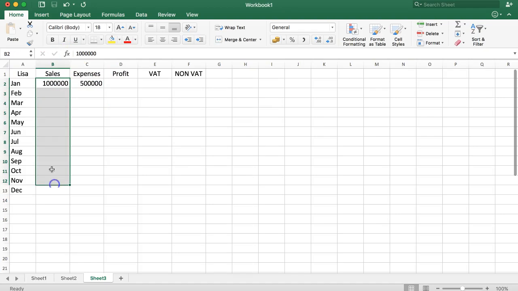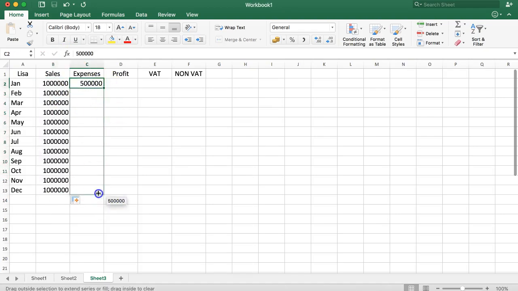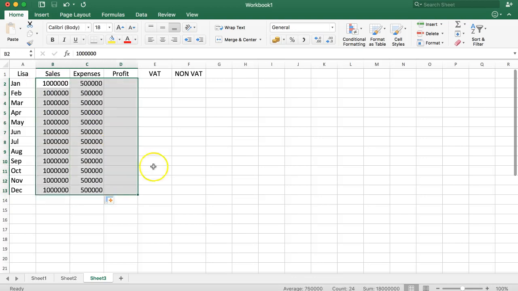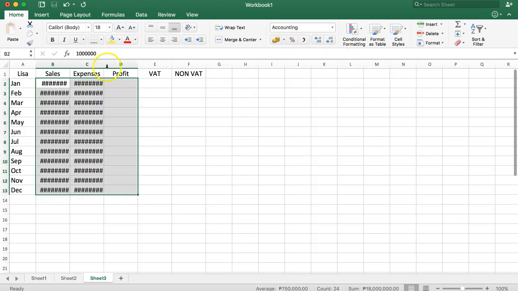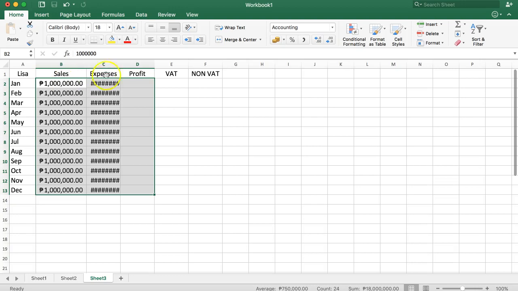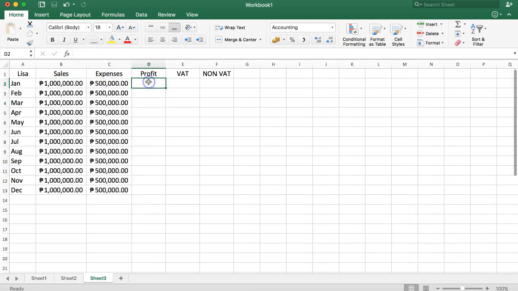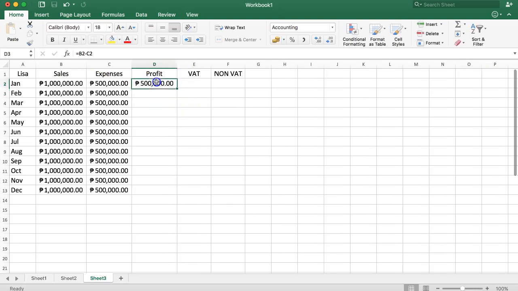So we have here our profit. So I'm going to do this, and I'm going to do that. All right. So I will select these all and make this in currencies. So this should be 1,000,000 pesos, 500,000 pesos. Profit should be 6 million in total. So for every month.